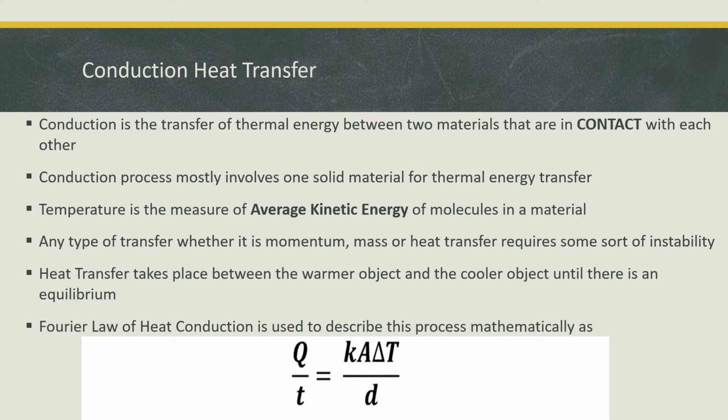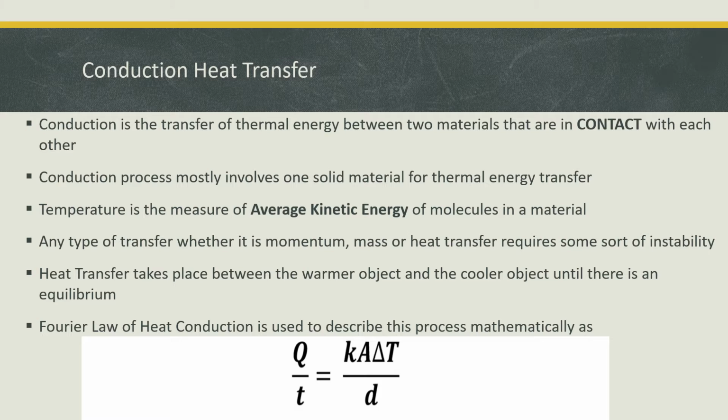Starting from conduction heat transfer. Conduction heat transfer is the thermal energy transfer from one material to another material which are in contact with each other. Mostly thermal conduction involves a solid material, and then there may be a liquid or gas material involved. Conduction mostly involves heat.